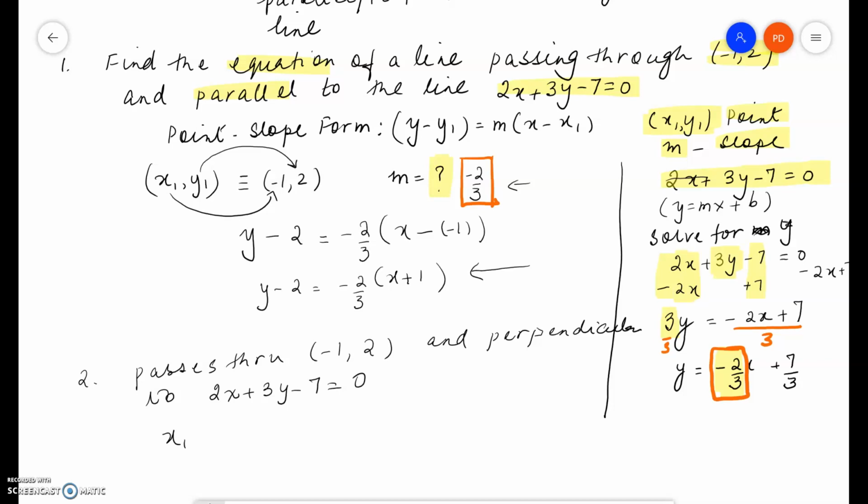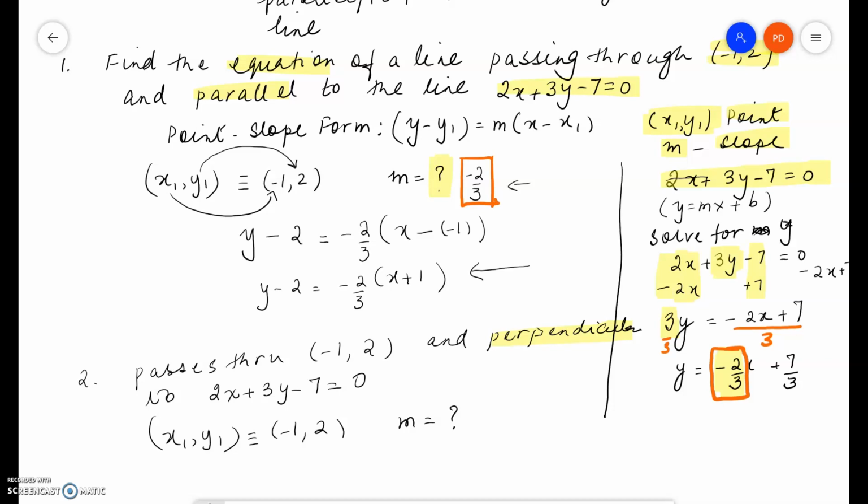We are given a point on the line, x1, y1, -1, 2. We need to figure out the slope. In this case, it's perpendicular to the given line, not parallel.